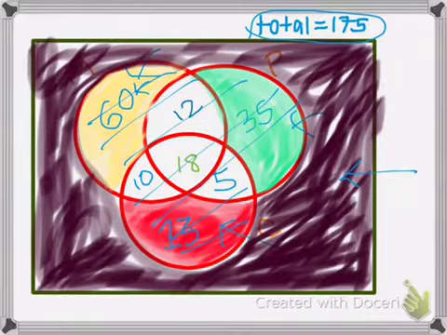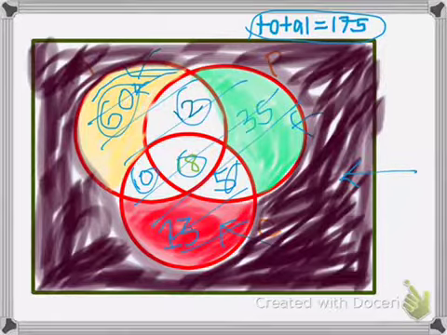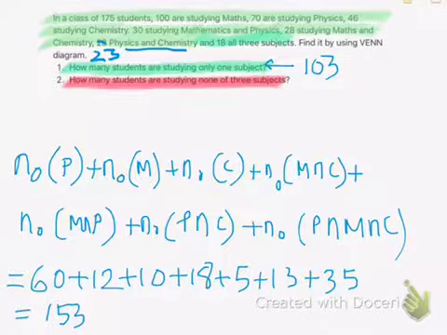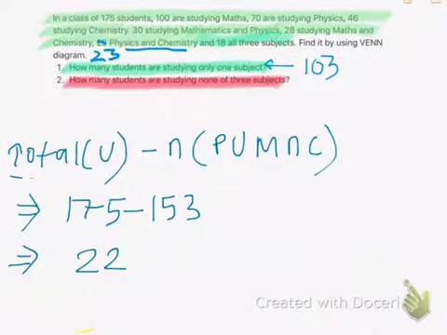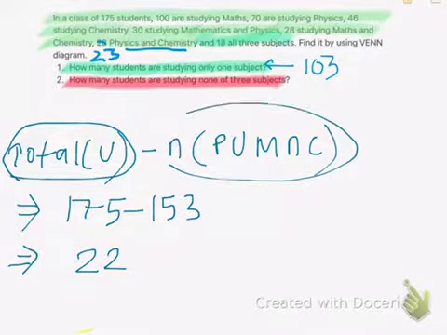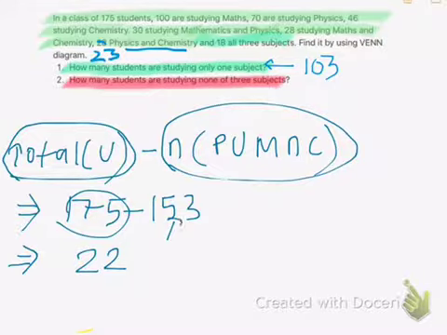So let us first add these 7 elements, 60, 12, 18, 10, 5, 35 and 13, to find the union part. Adding them gives 153. Now let us subtract this from the total 175. Here the total, which is the universal set represented by the area inside the rectangle, is reduced by the union of physics, chemistry and maths. So 175 minus 153 gives 22.